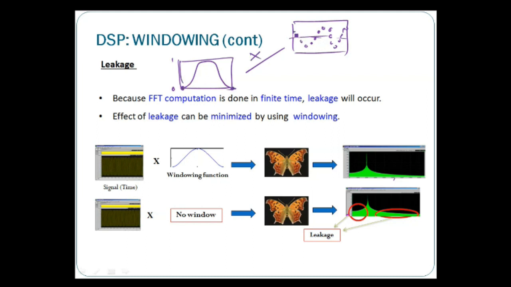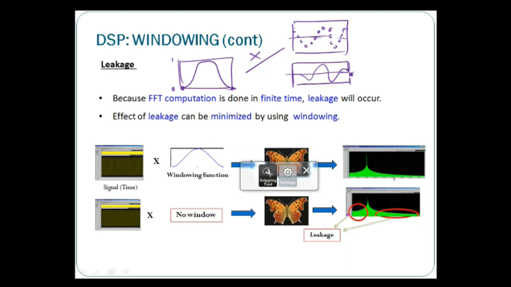So it will force the signal to start at 0, because any number multiplied by 0 becomes 0. So you will probably have a signal something like this, where you make sure that it starts and ends at 0.